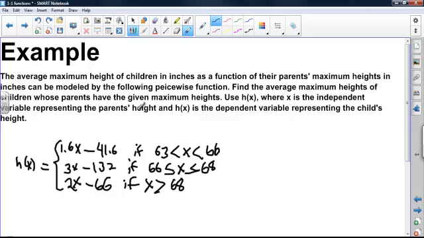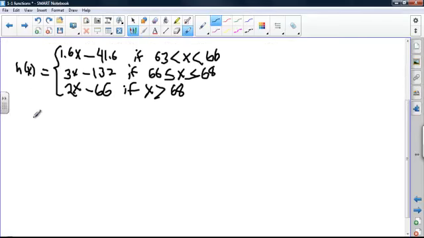Okay, we said independent variable x. Keep that in always. That's always going to be the case. X is always the independent variable. And h of x is the dependent variable. Remember what I said about h of x? It also could be written as y. So y is the dependent variable representing the child's height. All right. So now we're going to look at this and say, here's my function. You'll notice that there are three different areas.